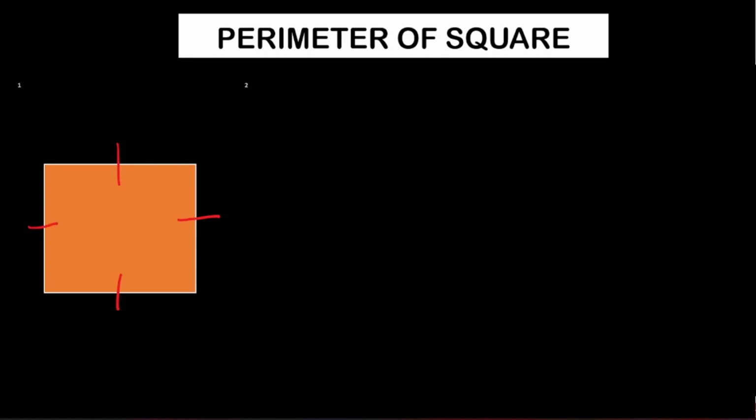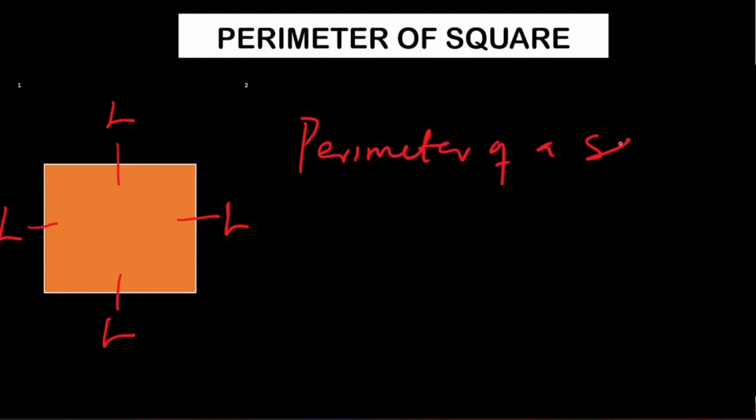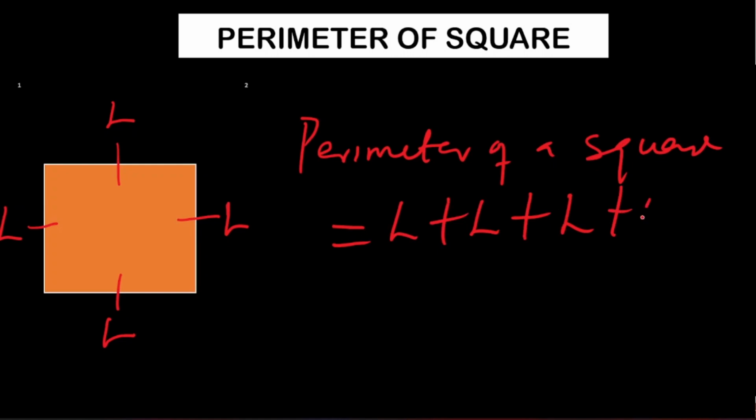So if this is L, this is also L, this is L, this is going to be L. Therefore, the perimeter of a square is equal to L plus L plus L plus L. That is going to give us 4L. That is 4 lengths. I hope I'm making sense.